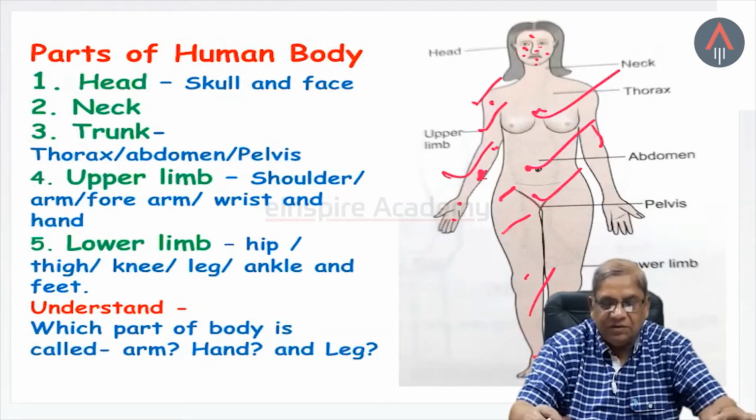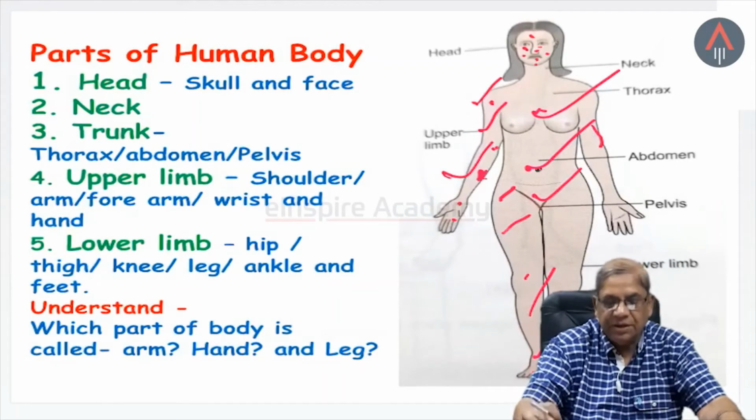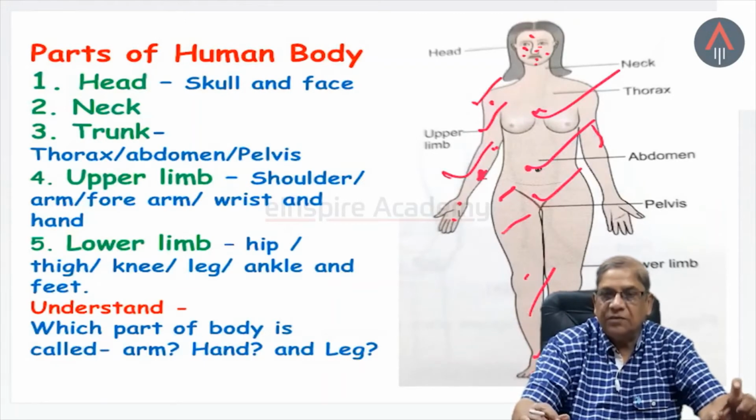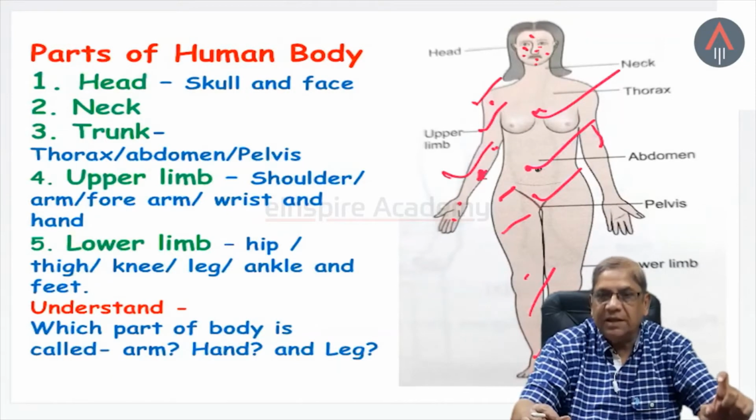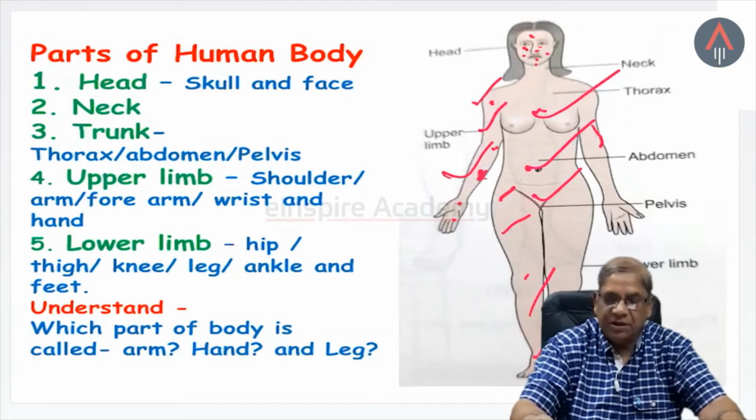So the part of the upper limb which lies between the shoulder joint and the elbow joint forms the arm. Never confuse arm with the whole upper limb. It is a special part of the upper limb, between the shoulder and the elbow joint.